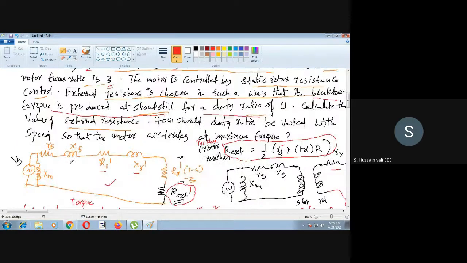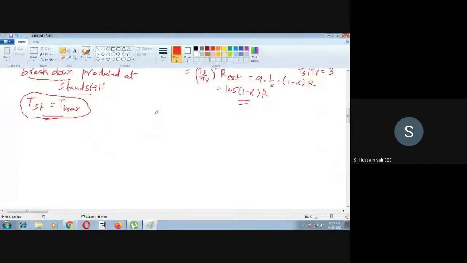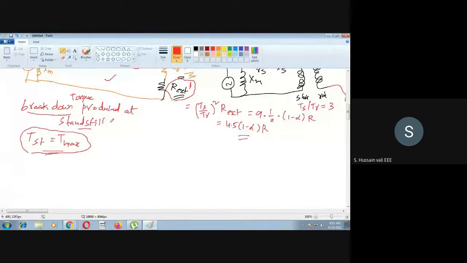He said that the external resistance is chosen in such a way that the breakdown torque is produced at standstill for a duty ratio of 0. So starting torque should be equal to maximum torque. This is one statement we can get.